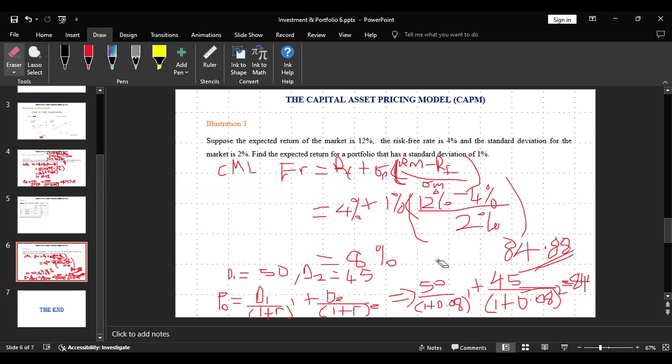So for your final answer, if it's an amount, you leave it in amount form. Even if you work with 4 decimal places when solving, when you get the final answer, you leave it in amount form. Okay. So that is it.